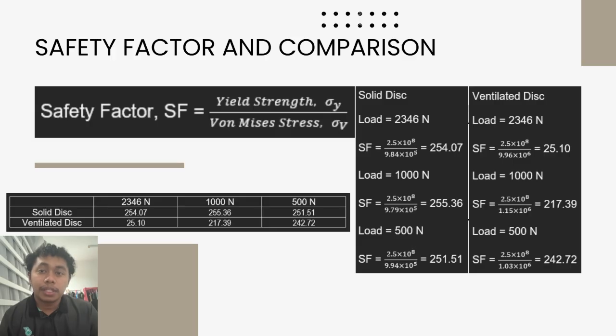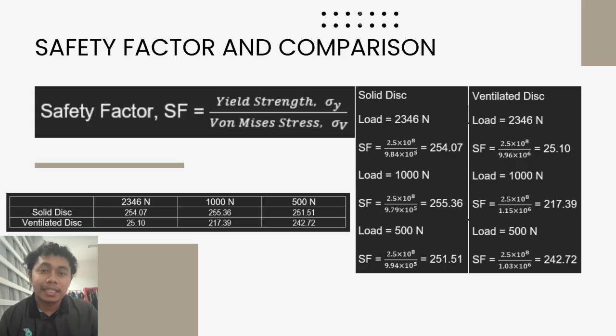As the load decreased to 1000 Newton and 500 Newton, the safety factor for the solid disc remained relatively stable, calculated at 255.36 and 251.51 respectively.